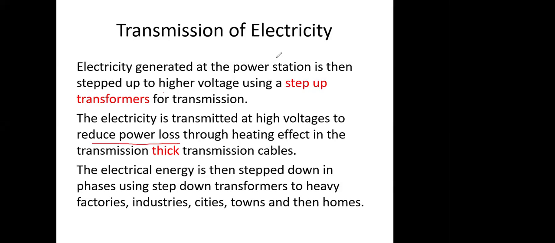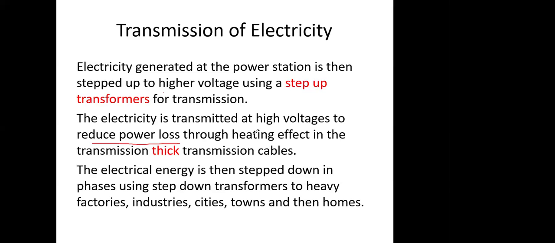Okay, so after that, they have told us that the energy is then stepped down in phases using step-down transformers to heavy factories, to industries, to cities, to towns, and then homes.